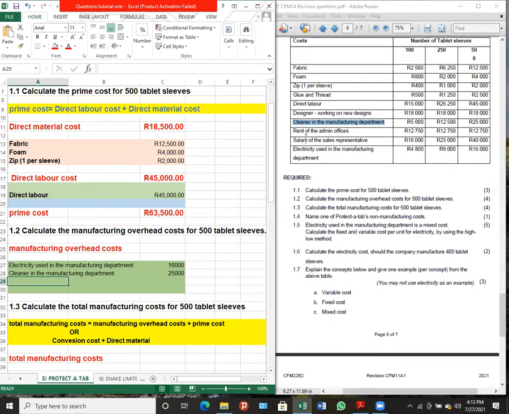Under manufacturing overhead we include all indirect costs that happen in the factory, which means this cost doesn't fall under manufacturing overhead. Thank you for trying, my brother.